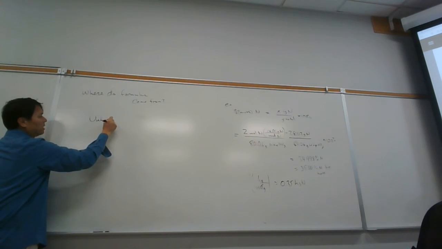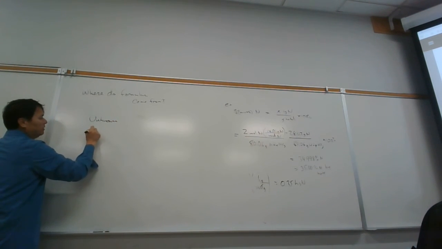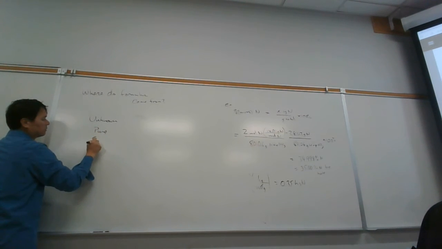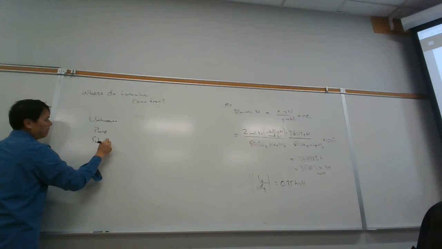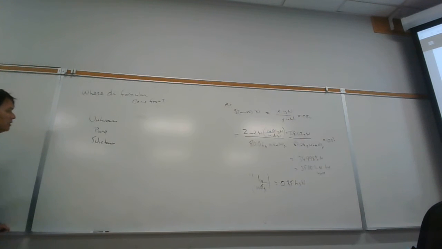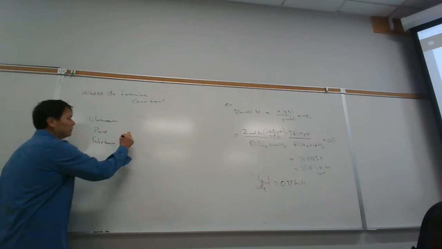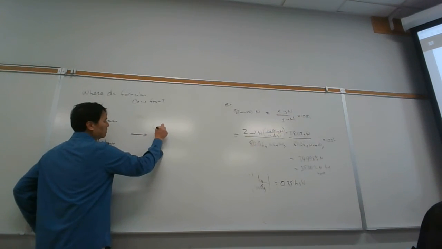In other words, where does the composition come from? So let's say we have an unknown pure substance. If we have an unknown pure substance, we send it out for chemical analysis.